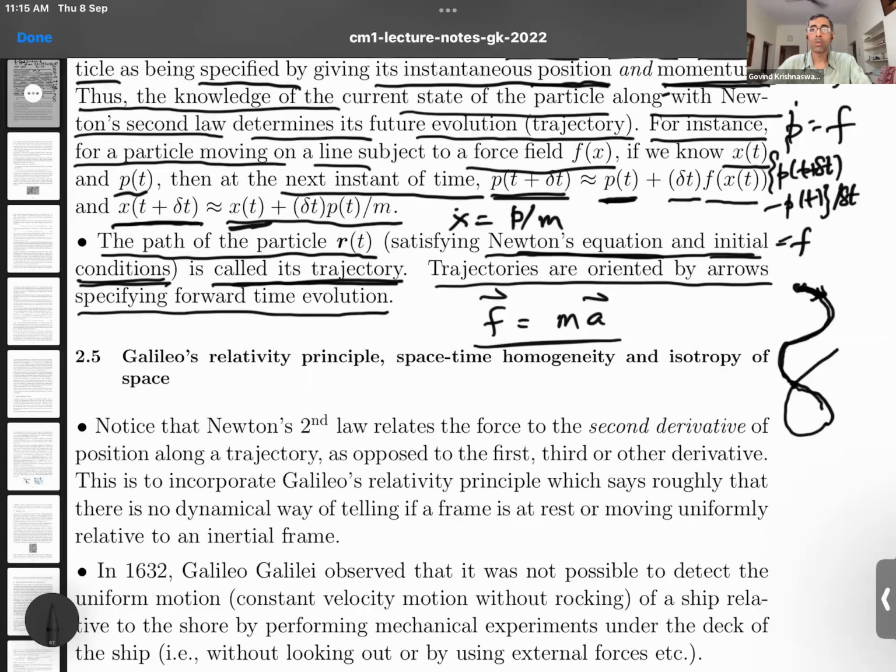So it is not as though a particle will move in the direction of the force. At this location, the force may have some direction. But if you are already moving in some way, you tend to continue moving in that way; the force will give you the curvature of that trajectory, how it tends to change the direction of the velocity. So to make a long story short, such a picture is possible.